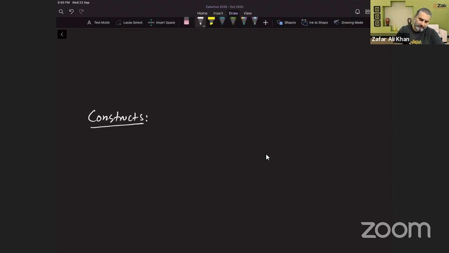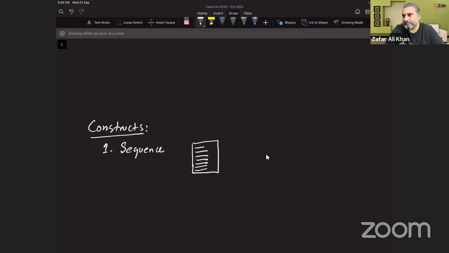Number one is sequence. Sequence means every single program, when the computer follows it, executes it in the manner of the instructions written in that program. Every computer program is made up of a number of instructions. First instruction, second, third, fourth, fifth, sixth, seventh.